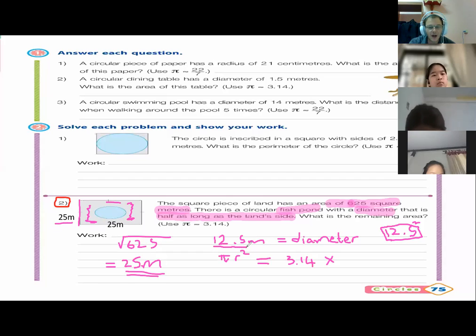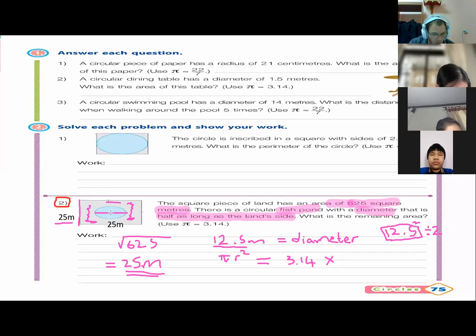So if you want to calculate the radius, we first have to take the 12.5 and divide that by 2 to get the radius. Because now we have the diameter, which is 12.5, but we only want the small radius. Thank you, Bonus, for your answer. Who can tell me what is 12.5 divided by 2?